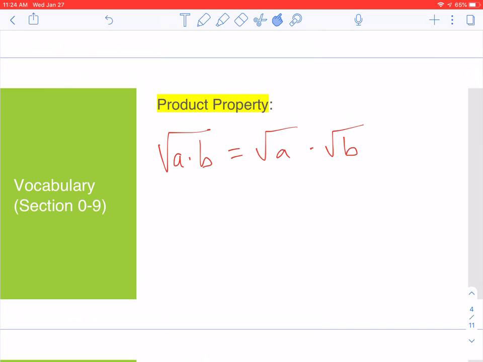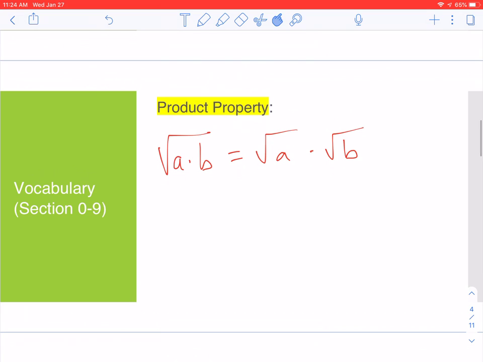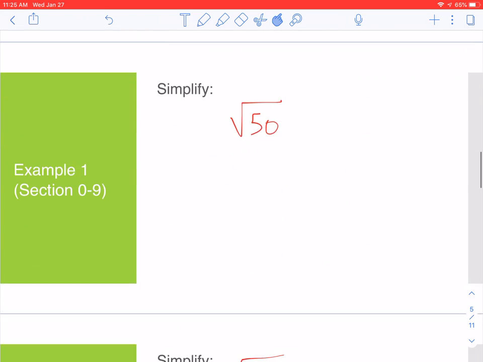So if we take the square root of 2 times 3, we can separate it to square root of 2 times square root of 3, like so. So we're going to use that property today as we simplify radicals. We're going to do backwards and forwards in that, and that's pretty much what we're going to be doing.